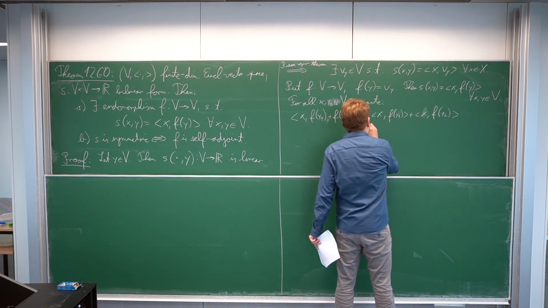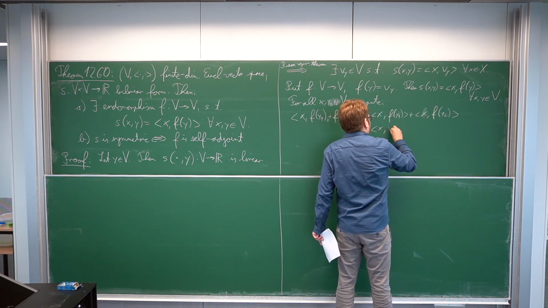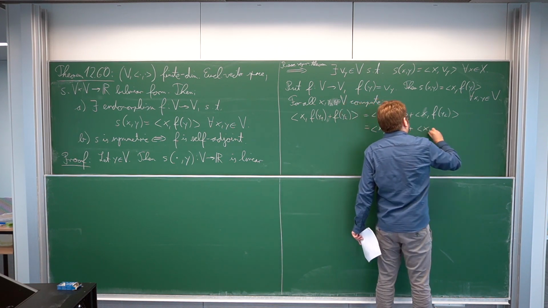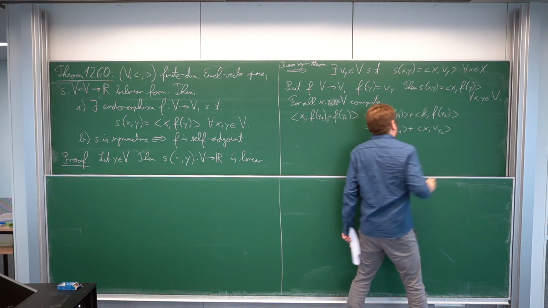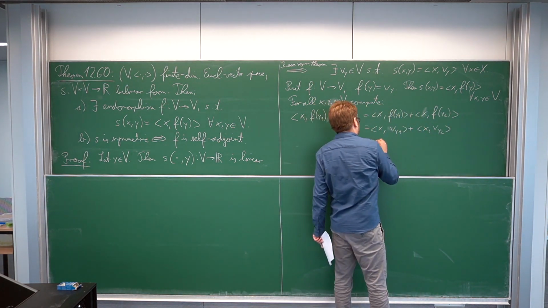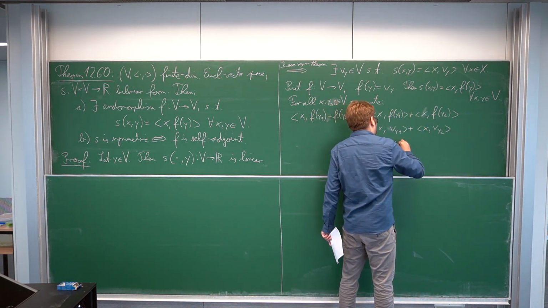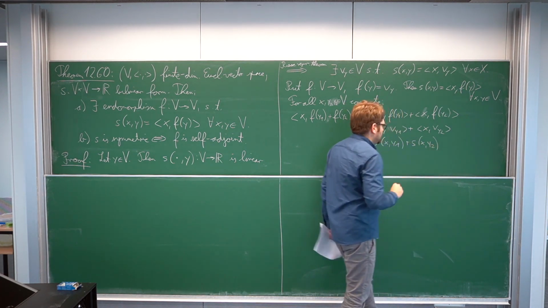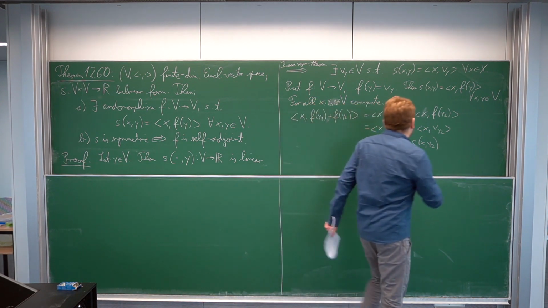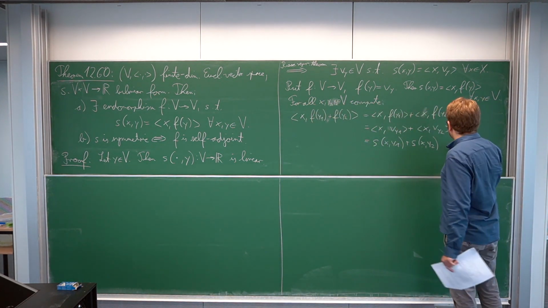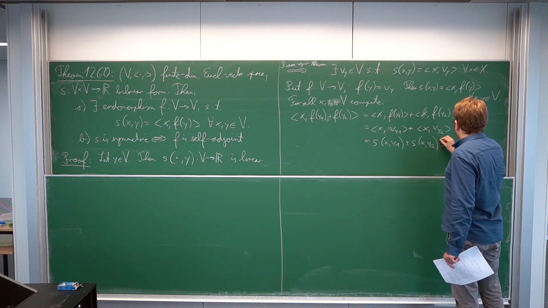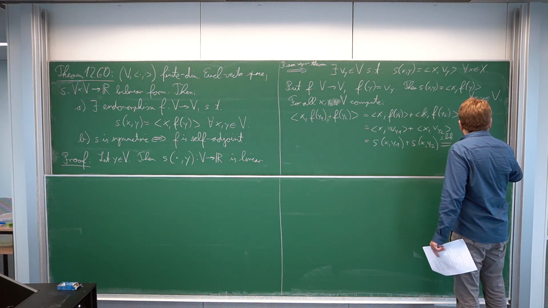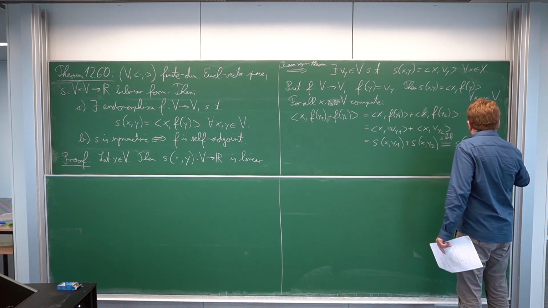So by definition, these are S of x, y1 plus S of x, y2. But now we can use again the bilinearity. We have the same entry in the first component, so since S is bilinear, this is S of x, y1 plus y2.